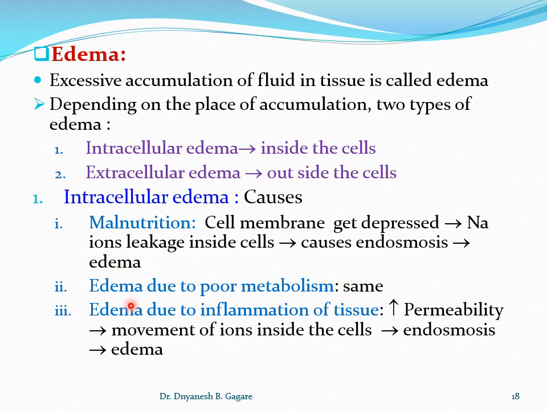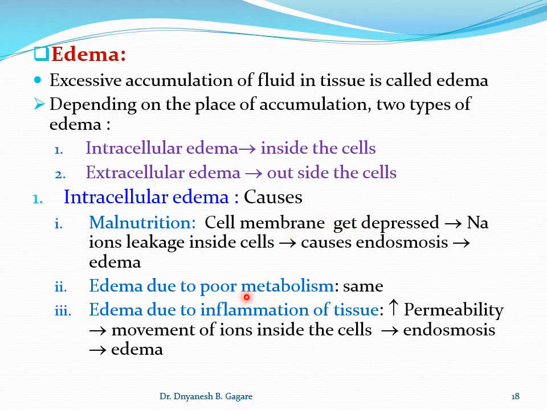Okay, now the second cause: edema due to poor metabolism. Same thing will happen. If metabolism is poor, that means there is no formation of required energy, and energy, ATPs, are required to maintain the integrity of the cell, that is the integrity of the cell membrane.